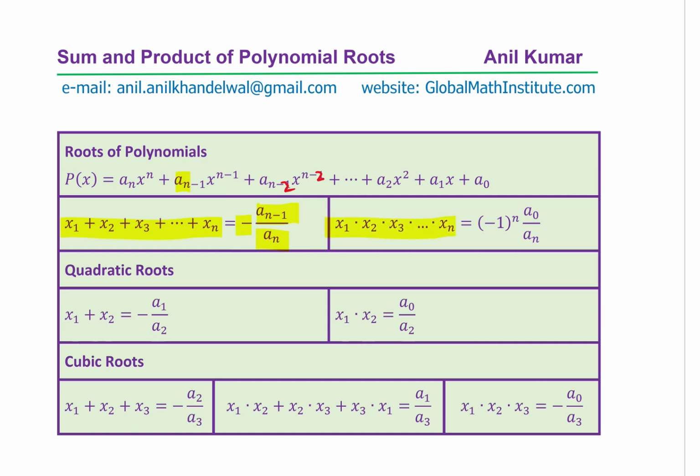And the product is the ratio of the constant over the leading coefficient times minus 1 to the power of n. So if we have an odd degree polynomial, then the product is negative. And if we have an even degree polynomial, then the product of roots is the positive ratio of the constant over the leading coefficient.